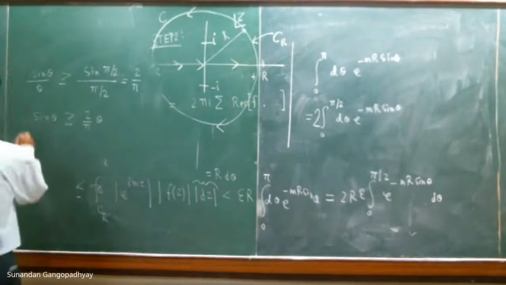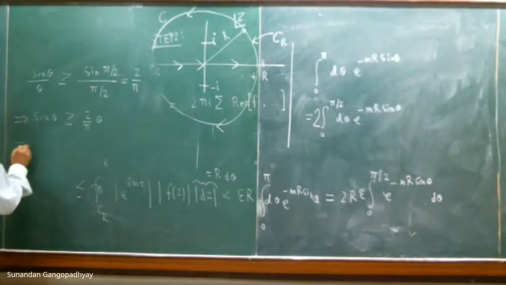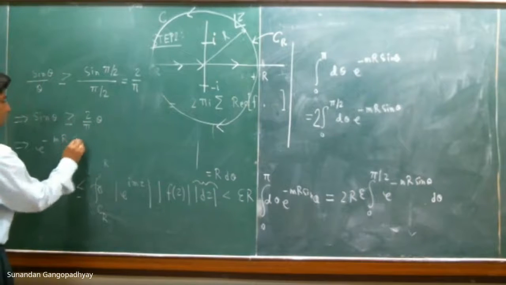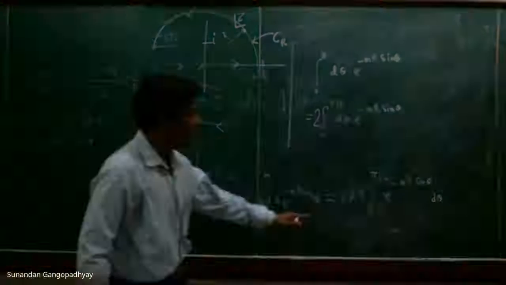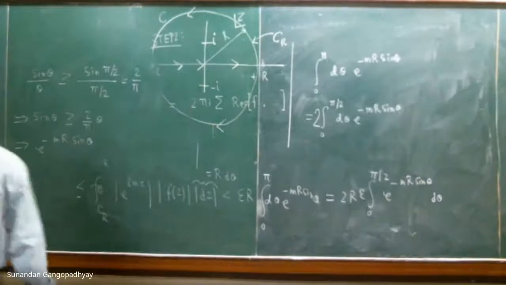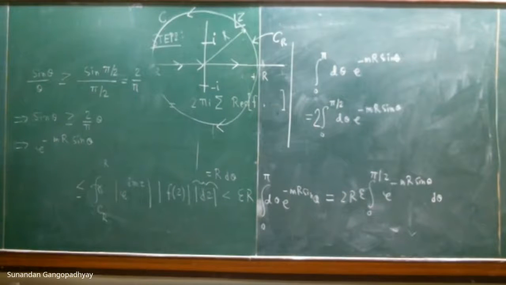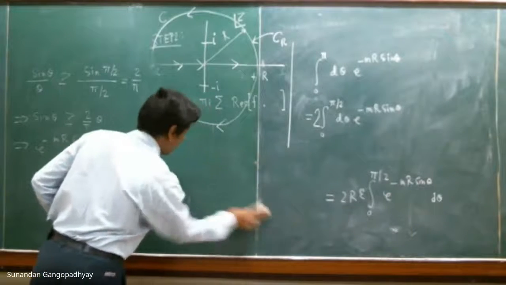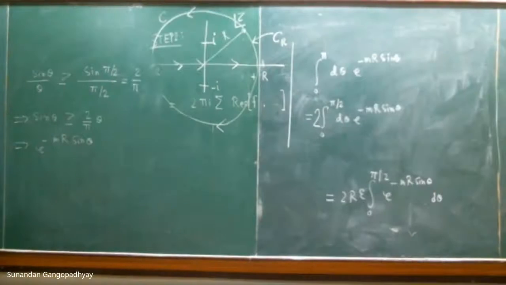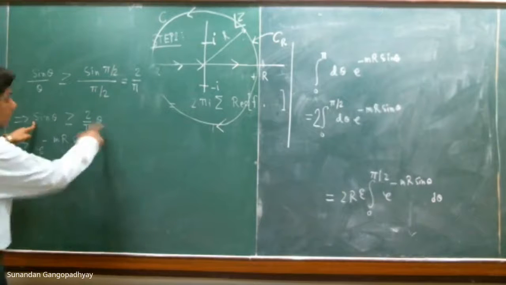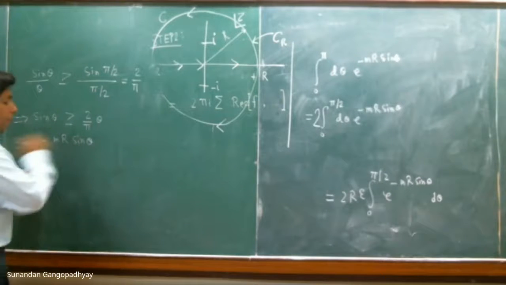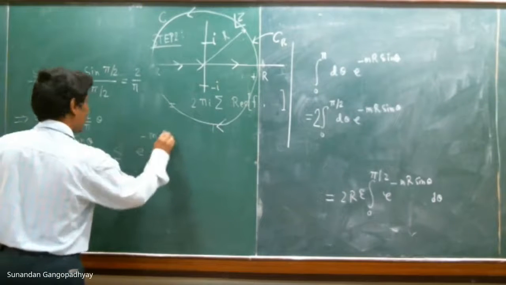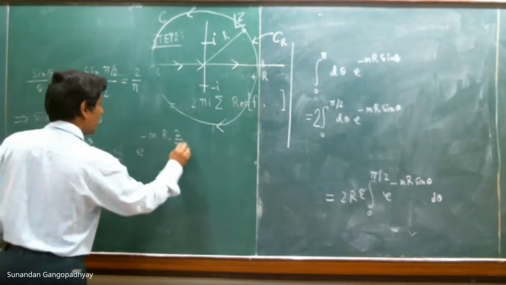And therefore this implies that e to the power of minus m r sin theta, which is nothing but the integrand, since sin theta is greater than or equal to this, is less than or equal to e to the power of minus m r 2 by pi theta.